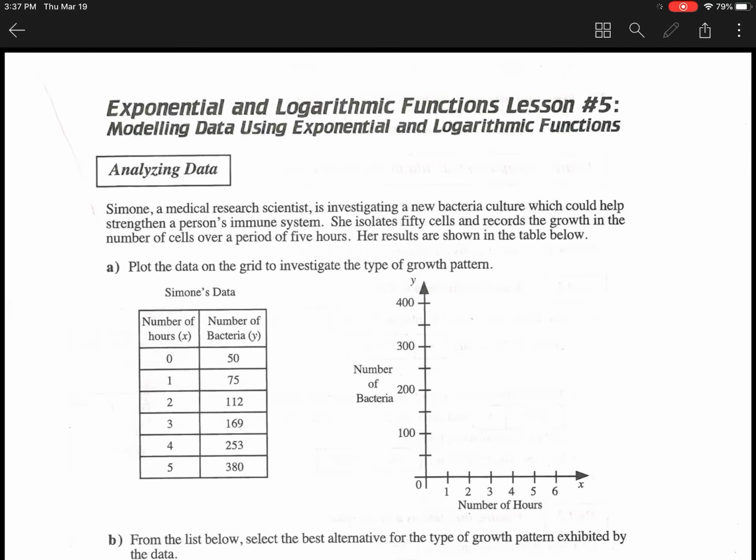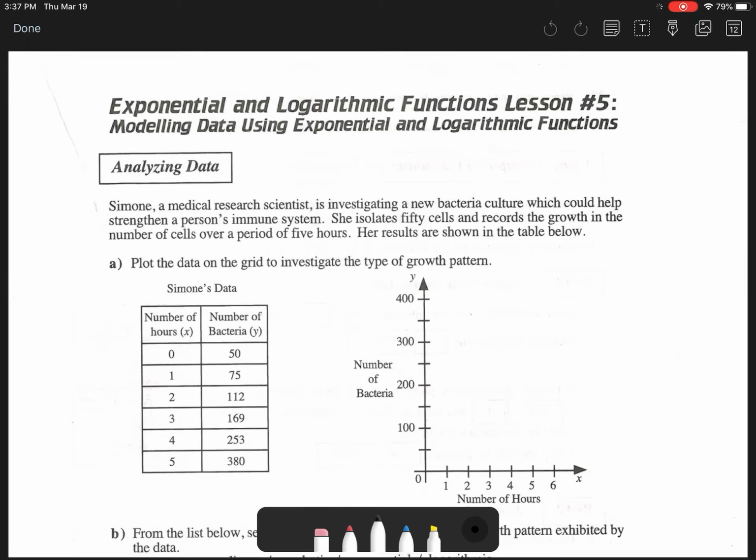So you will see here that what they have done is given us a table of values, and they've been really nice to us again, and they are telling you that the first column or row of data, your X values, are the number of hours, and the second set of data, the Y values, are number of bacteria. So from that, again, we should know what is going to go on the independent-dependent axis, or the X and the Y axis.